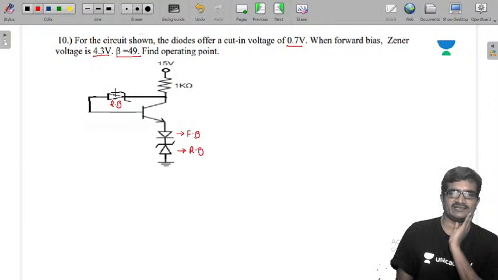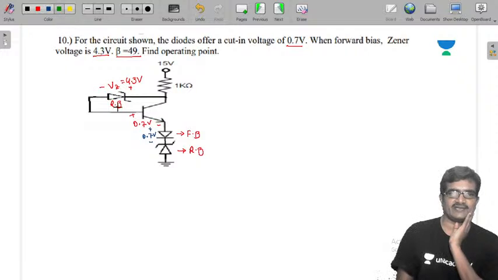So when it is reverse bias, the voltage across this is VZ, the Zener voltage. They have given it as 4.3 volts. And here is one junction, a PN junction in forward bias, the emitter junction, that is 0.7 volts. Here another junction, that is 0.7 volts.